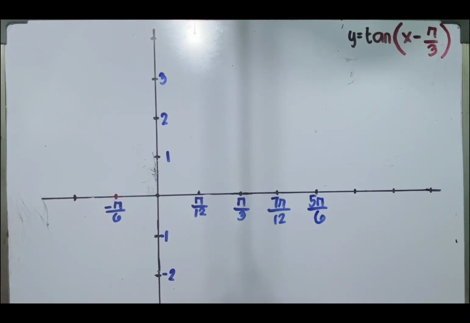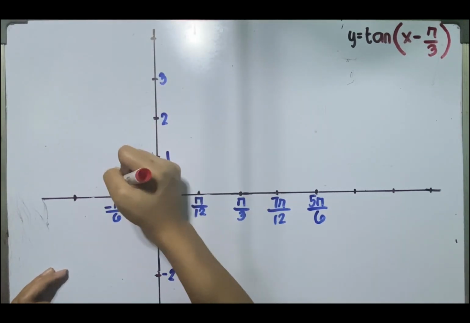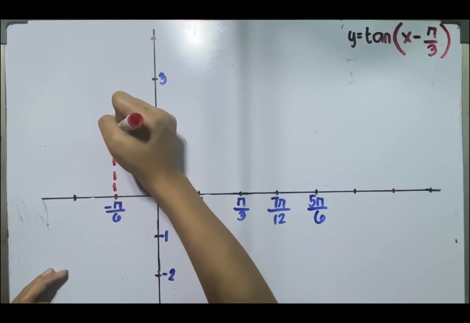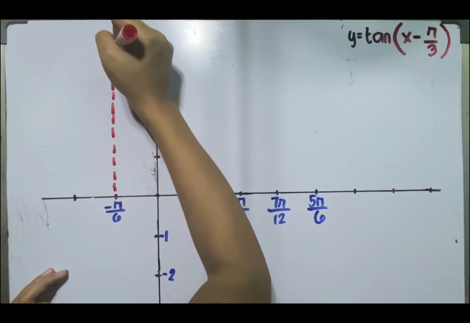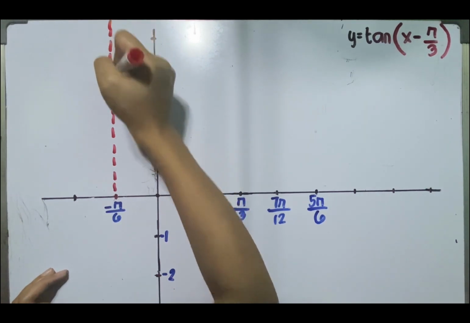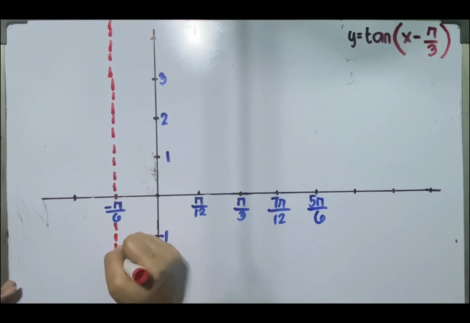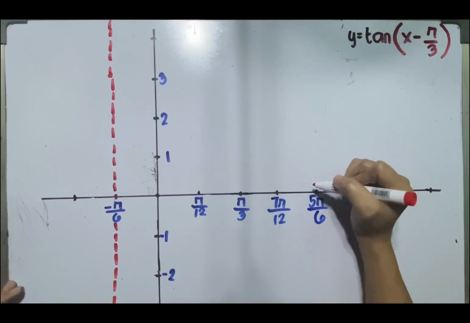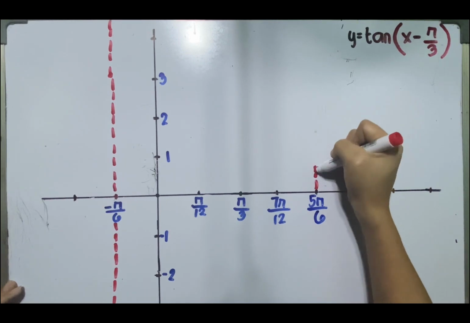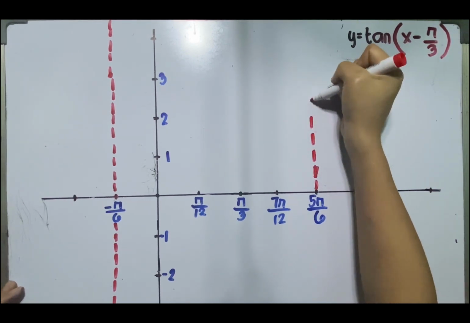Now let's do the plotting. First, we have to add the broken lines for our first asymptote, negative pi over 6. We also do this for our second asymptote, 5 pi over 6, with a broken line as well.